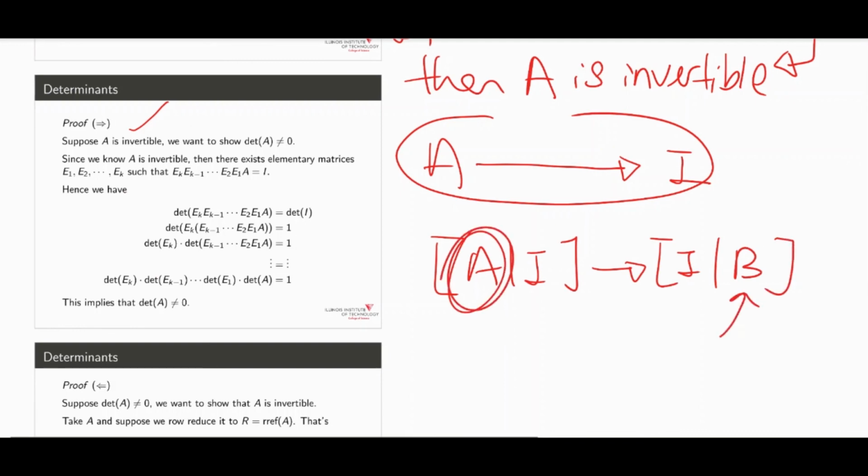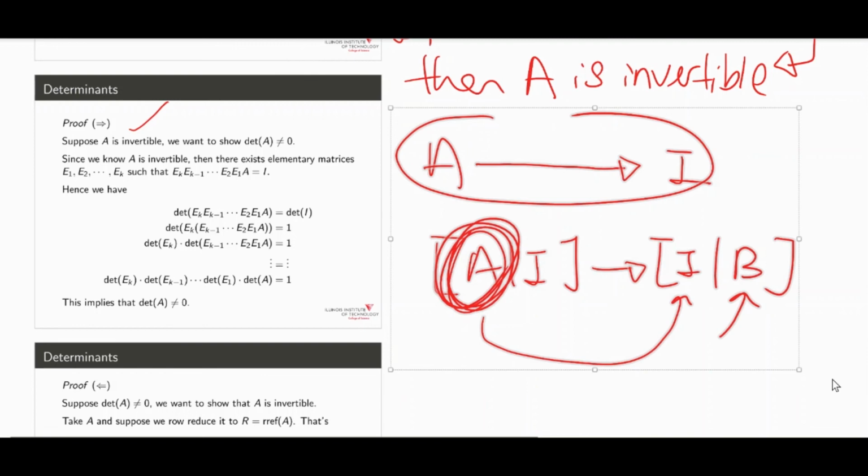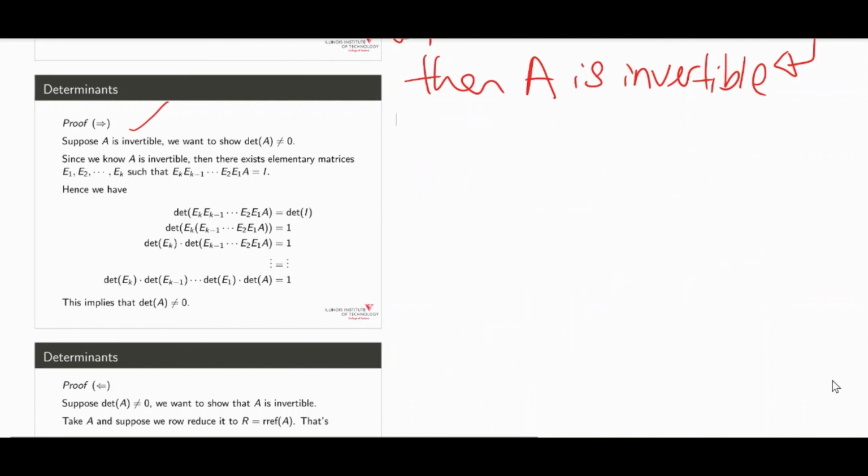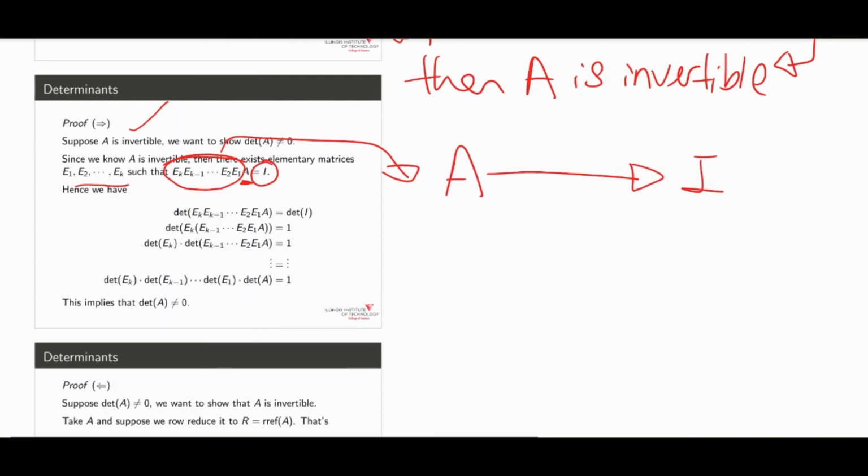So if A is invertible, you can row reduce it to I. From our assumption, there exist elementary matrices such that if you multiply all of them on the left-hand side of A, you get I. This is the same as saying that A can be row reduced all the way to I.